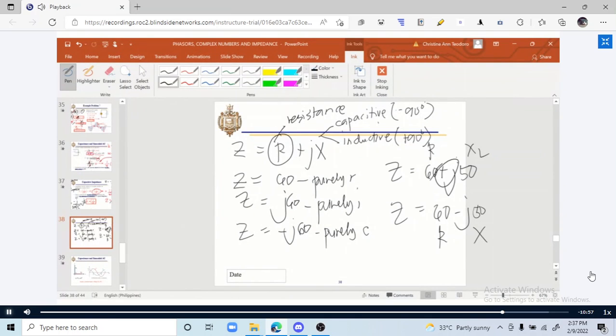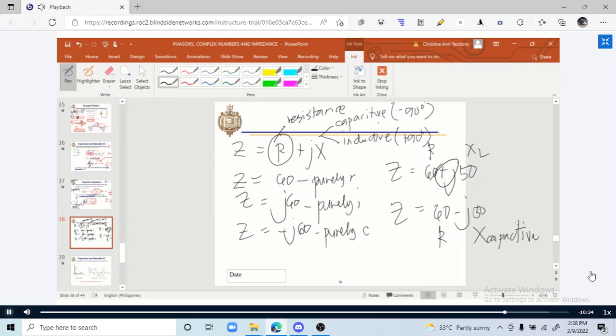Resistance and capacitance. Very good. So we have resistance and we have reactance, which is of what nature? Capacitive. Okay? So it is capacitive.